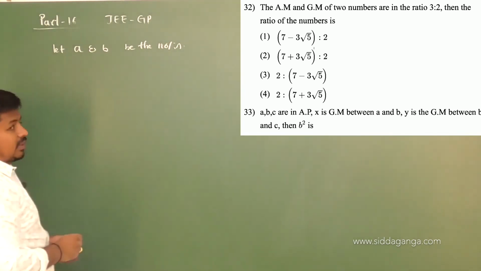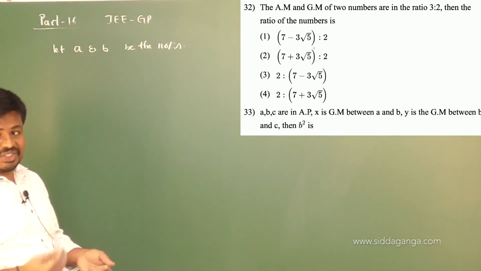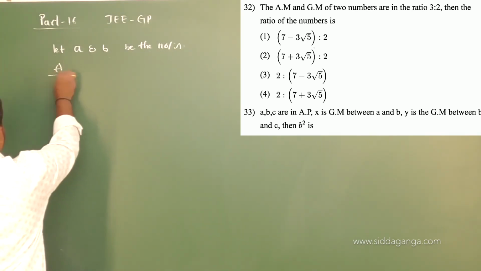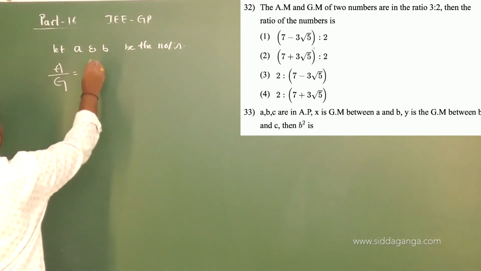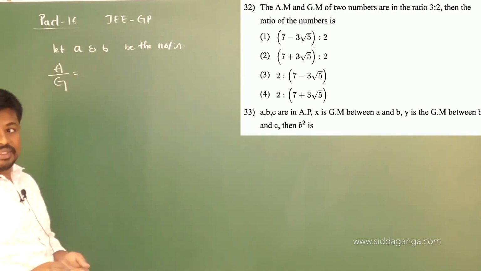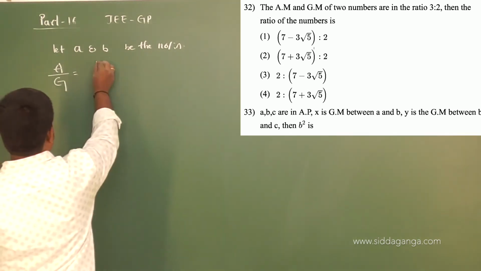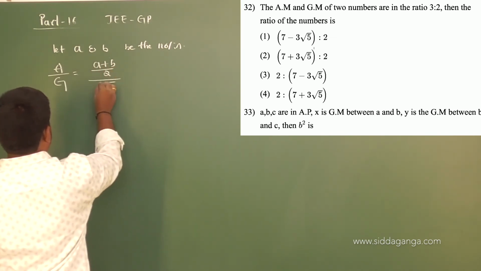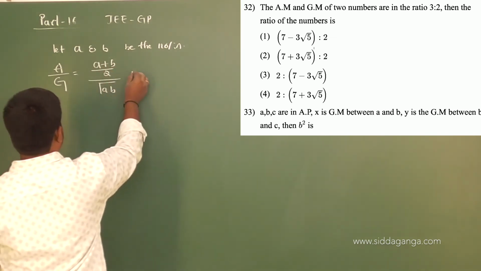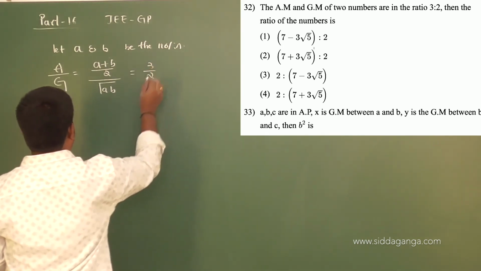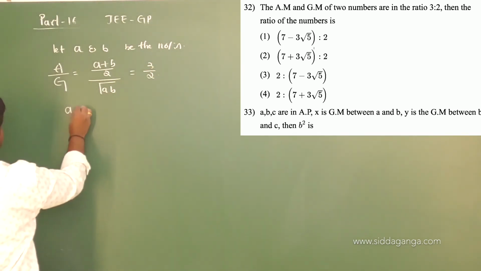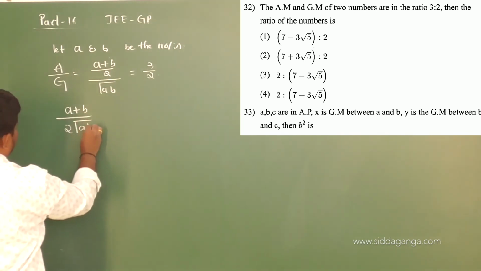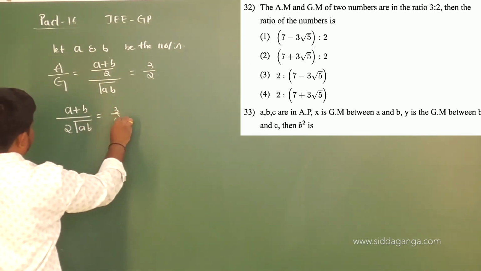Given that the arithmetic mean and geometric mean of these two are in the ratio 3:2. Or I can write (A plus B) by 2 divided by root AB is equal to 3 by 2. Or I can write this as A plus B, so is equal to 3 by 2.